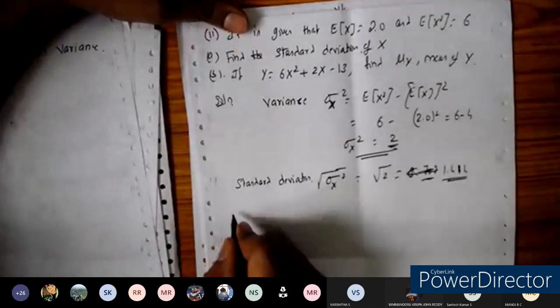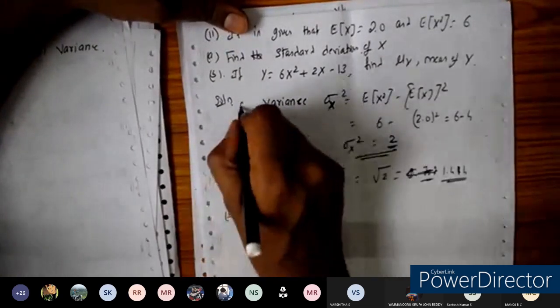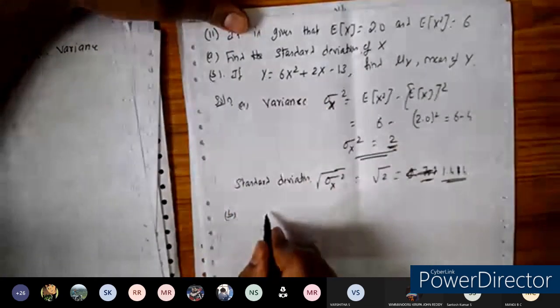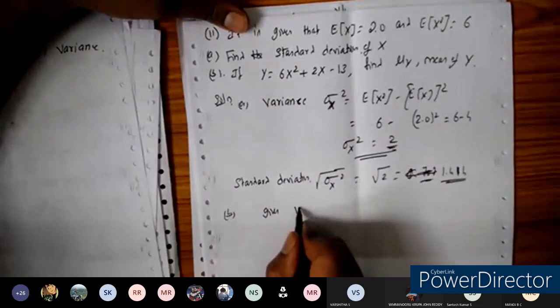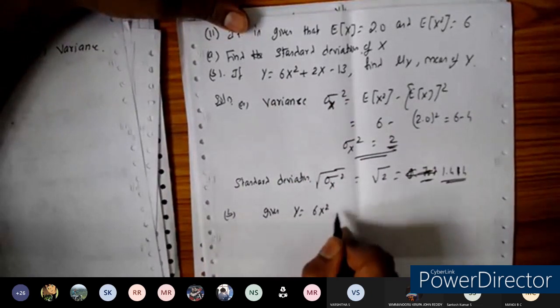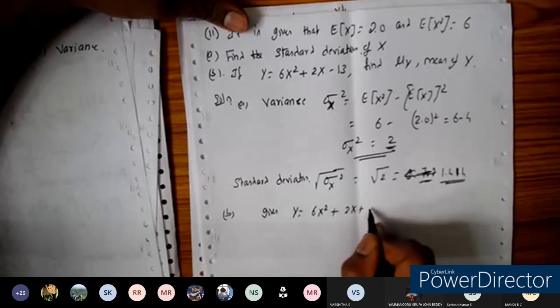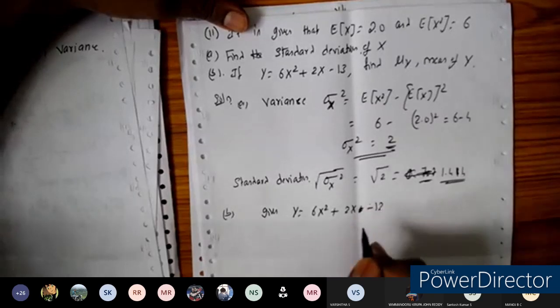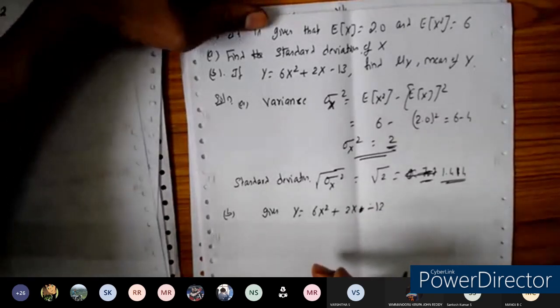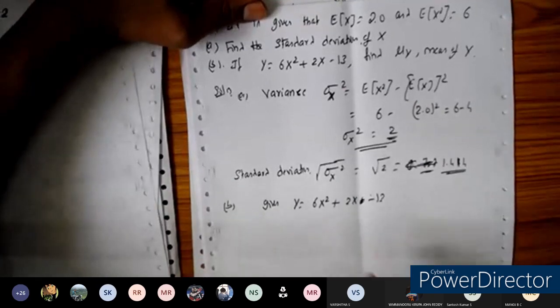Now the second part, question B; this was question A. The random variable y is given as 6x square plus 2x minus 13. Let us take the expectation of this.